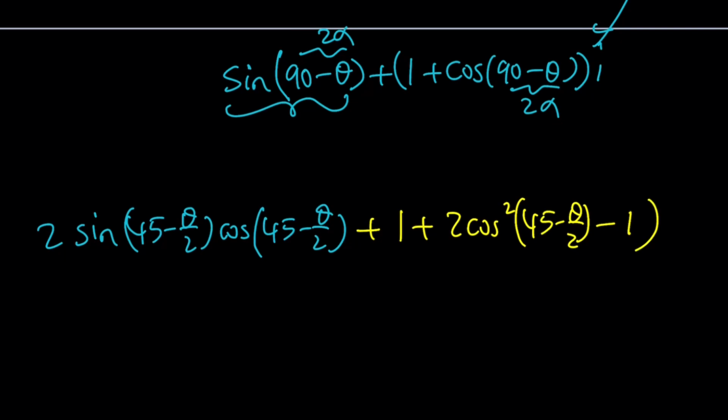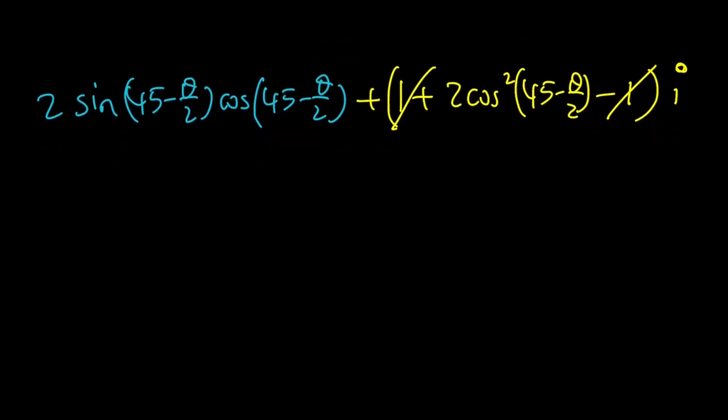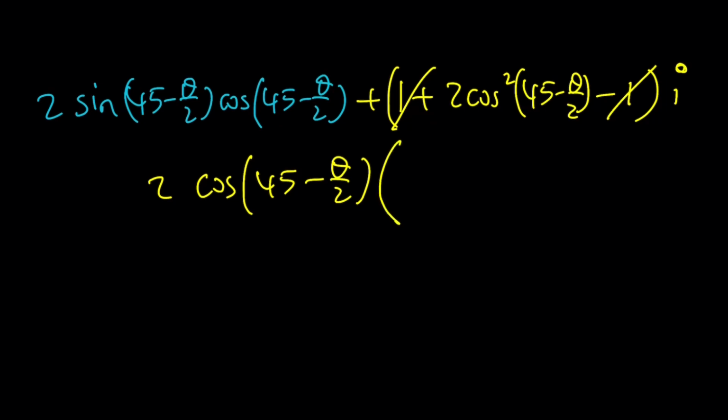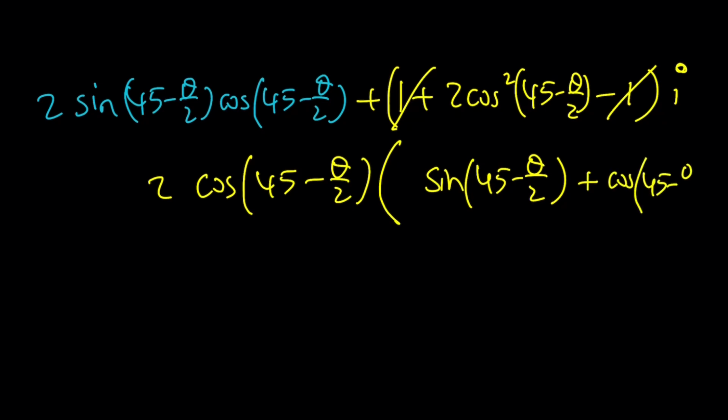And of course, all of that is multiplied by i. The 1 cancels out. And then what you can do is factor out a 2 cos(45 - θ/2) here. And then that's going to give you sin(45 - θ/2) + cos(45 - θ/2). Again, you can write this as e^(i something) again.